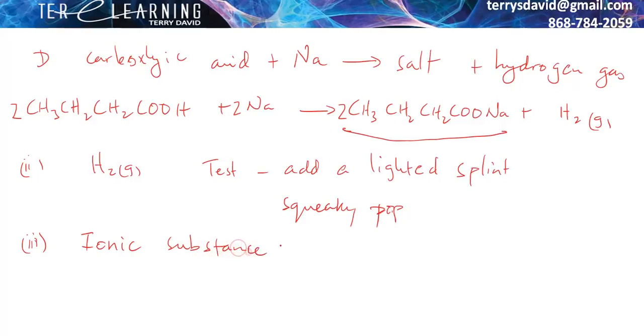And the question is asking if it's going to be soluble in water, and the answer is yes. It's going to be soluble because the salt formed is ionic and water is a polar solvent. So therefore the salt is going to be soluble in water. Okay.